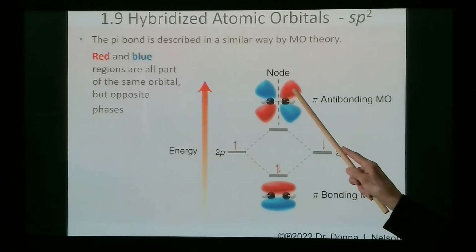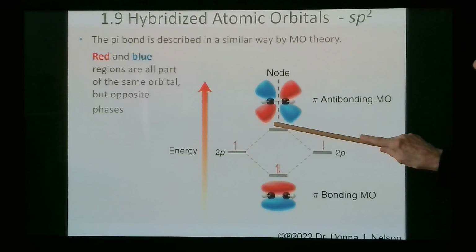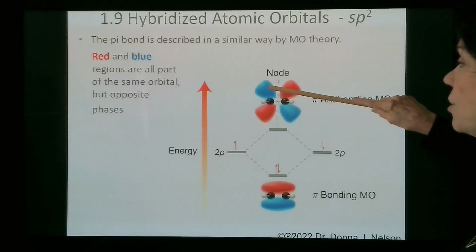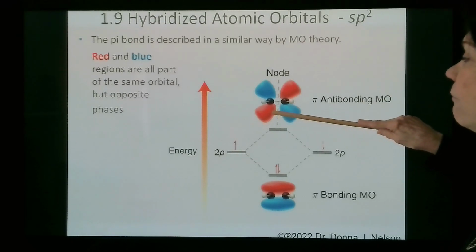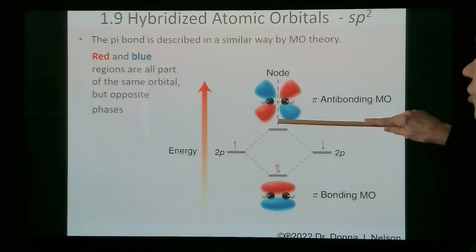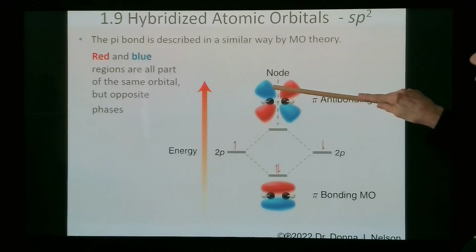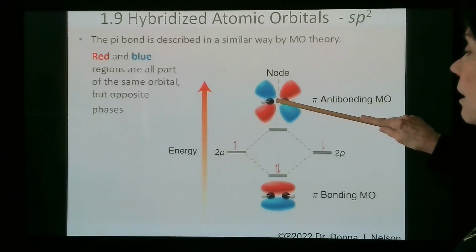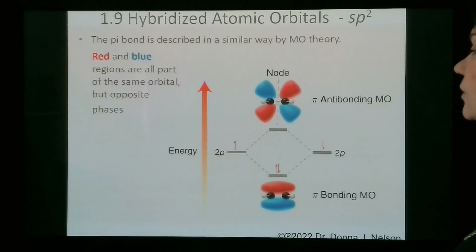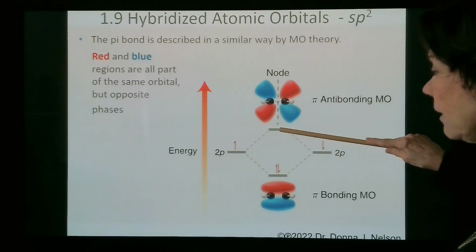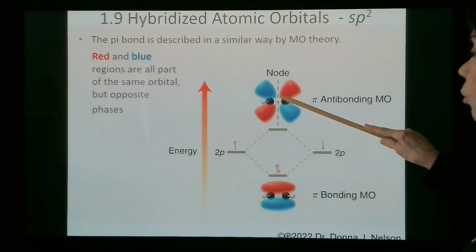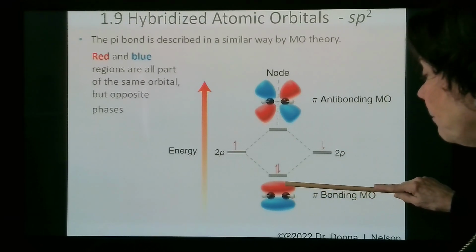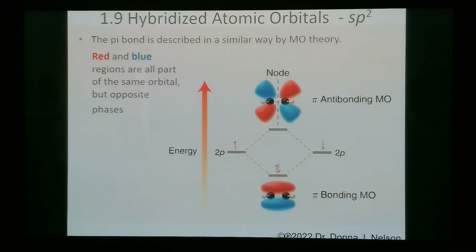Look up here at the antibonding orbital with the node. If this is populated, you can see that there is no interaction here, no overlap. Okay, and so this will not contribute to the bond between these two atoms. As a matter of fact, if one populates this antibonding orbital, and that bonding orbital correspond to each other.